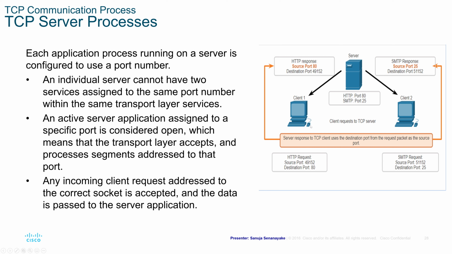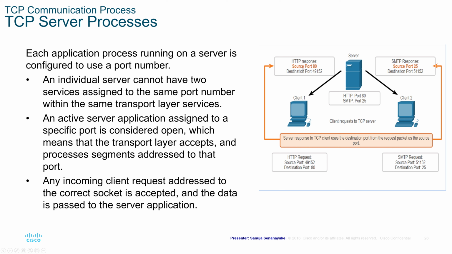You have two clients, client 1 and client 2, and we have a server with two open, configured ports: the HTTP port, which is port 80, and the SMTP port, which is port 25. A server responds to TCP client requests using the destination port from the request packet as the source port.